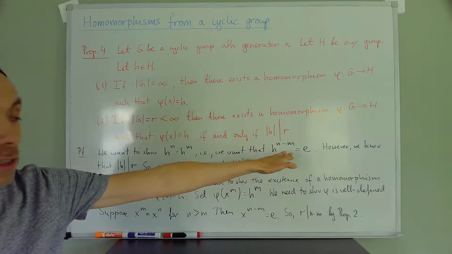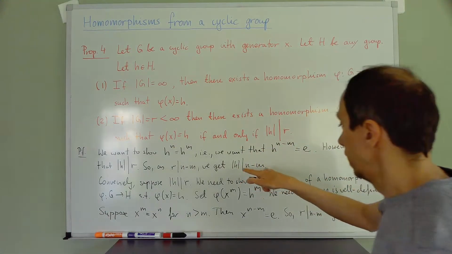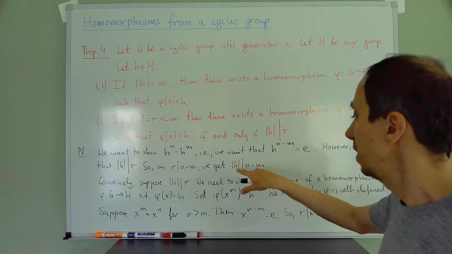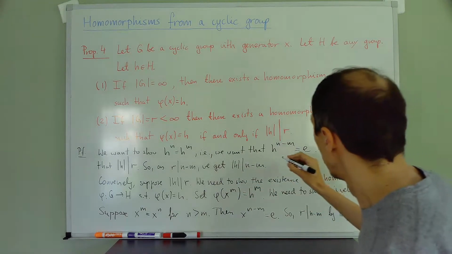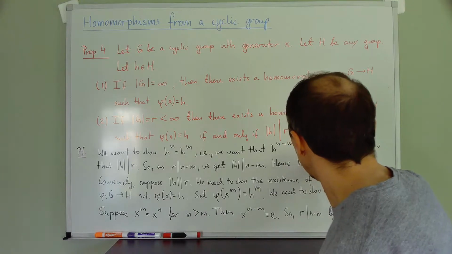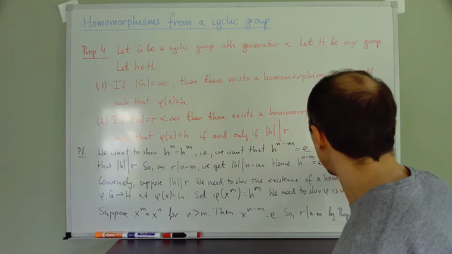Well, this gives us that, right? If the order of h divides n minus m, then n minus m is just a multiple of the order of h. Hence, h to the n minus m is equal to e, as desired.